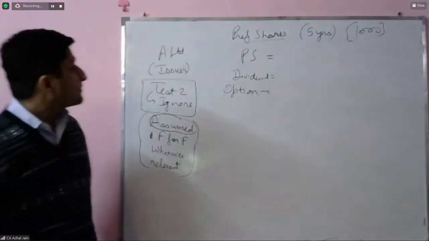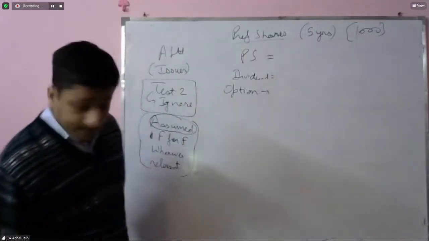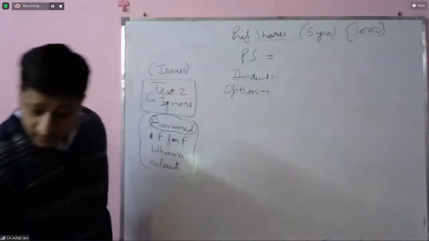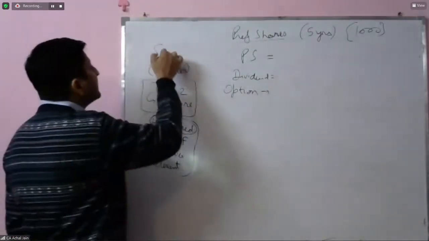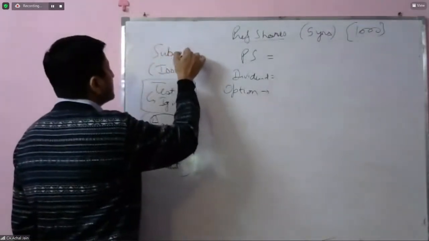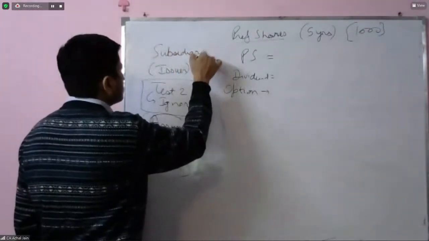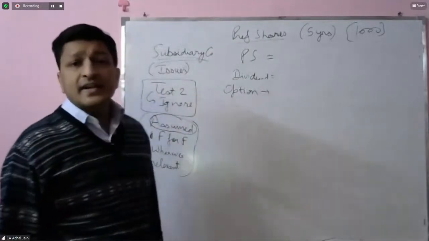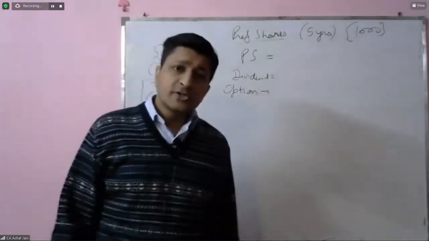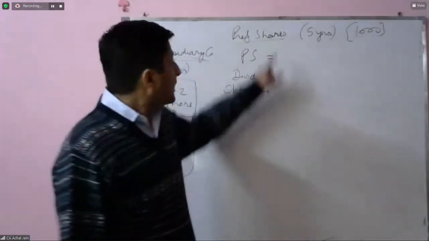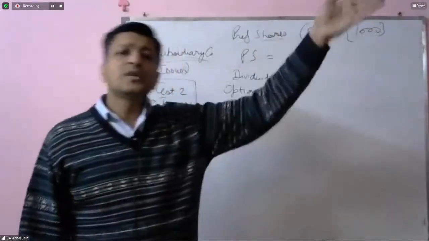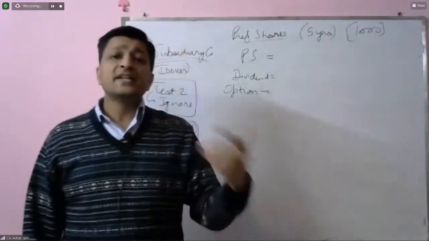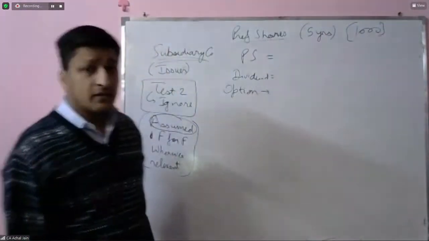Let's suppose a subsidiary company has issued preference shares to its holding.